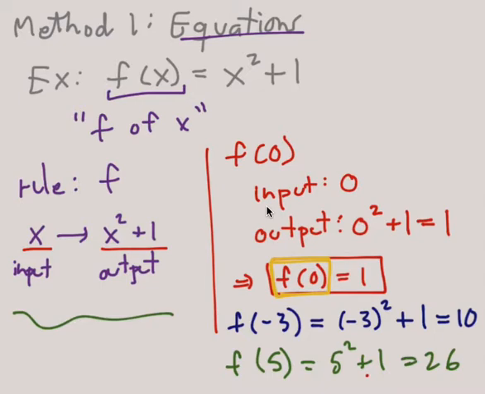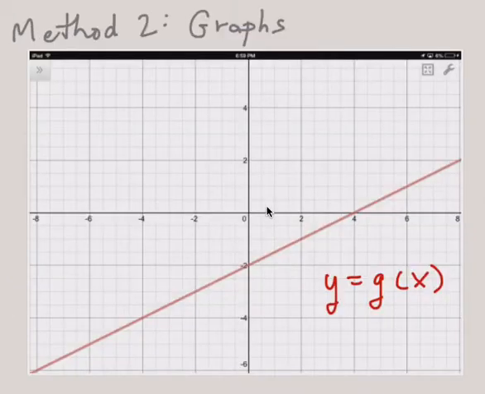Now the second method we have of defining functions and evaluating functions is to use graphs. In this one we have a linear graph, it's just a straight line. We're calling this function y equals g of x, and we can do essentially the same thing. I could ask myself questions like, what is g of 4?